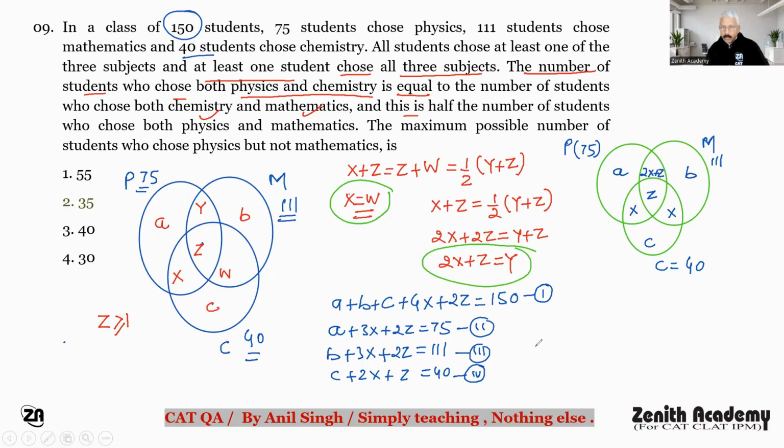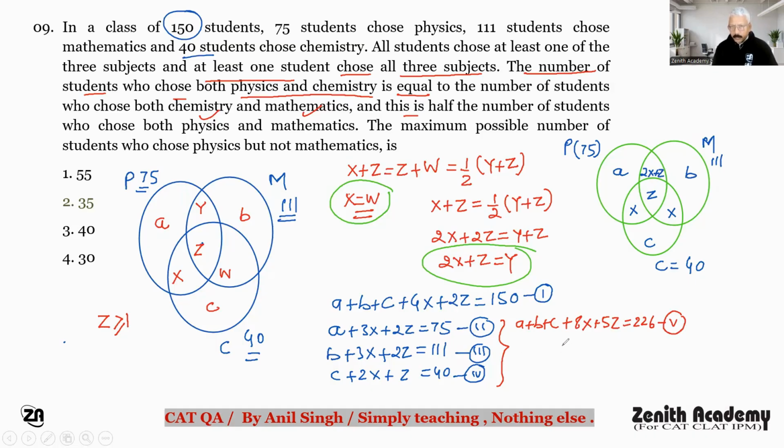Okay. If I add 2, 3, and 4, then A plus B plus C plus 3X, 3X, 6X plus 2, 8X, and here 2 plus 2 plus 1, 5Z is equal to 75 plus 111 plus 40, 226. This is equation 5.